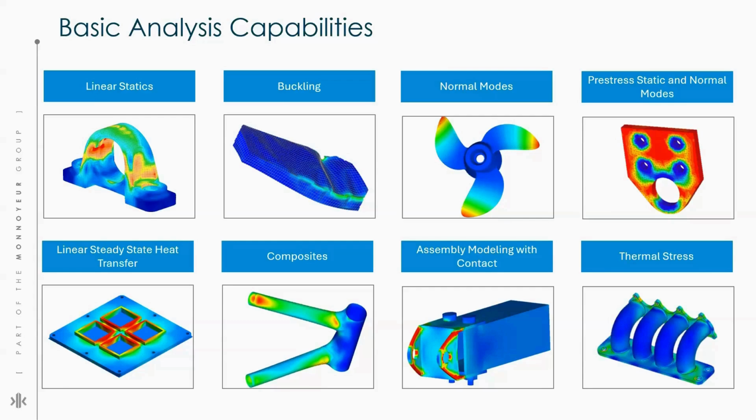Like linear steady state heat transfer, using the principle of conduction and convection heat transfer, engineers can examine designs for equilibrium temperature distributions. So yes, you can perform different types of analysis within Inventor Nastran.